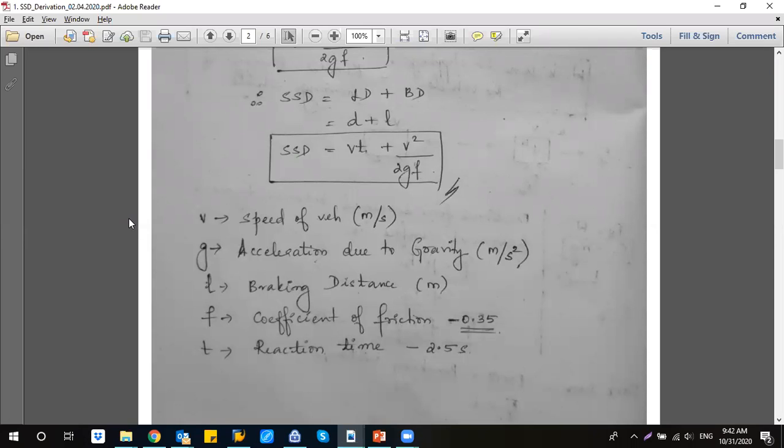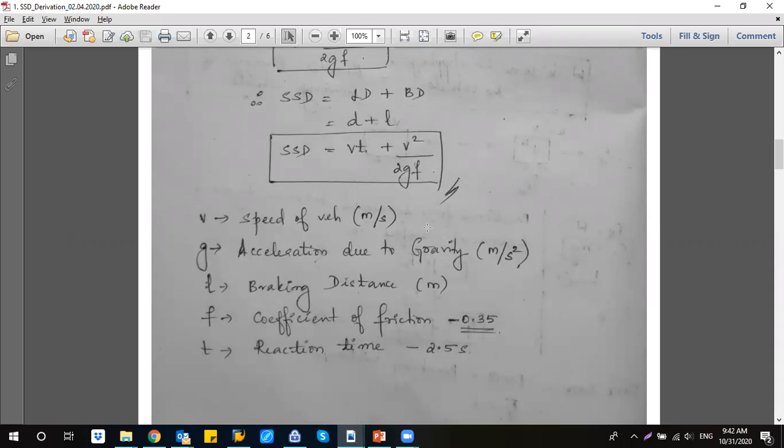And one more thing I want to stress is that v is the speed of the vehicle. This is the formula when it is in meter per second. Suppose I give you: find the SSD for a vehicle traveling at a speed of 30 meter per second. Then directly substitute the value. Suppose I tell you the speed of the vehicle is 80 kilometer per hour, convert to meter per second and then substitute the value.